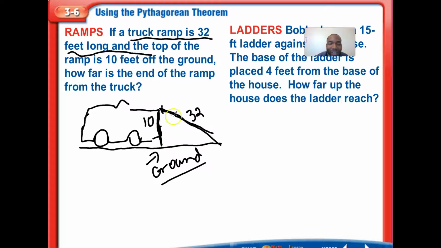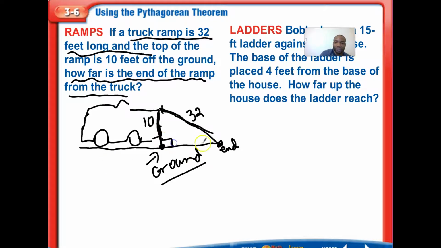Okay, so you have a truck, you have a ramp coming from the back end of the truck, and it's 10 feet off the ground. So that's 10 feet. Then it says, how far is the end of the ramp from the truck? So this is the end of the ramp. How far is it from the truck? So I'm looking to find this. So y'all, I have this right triangle.